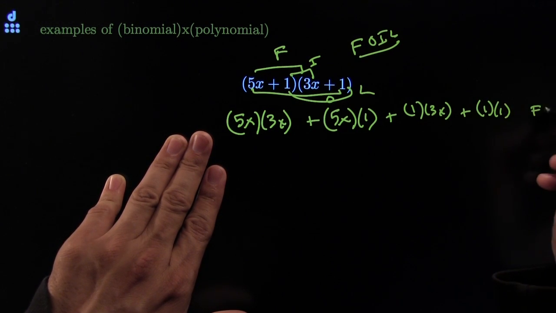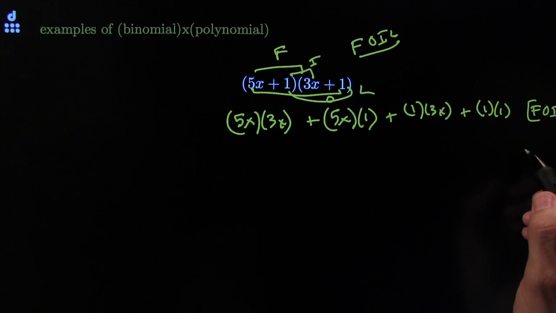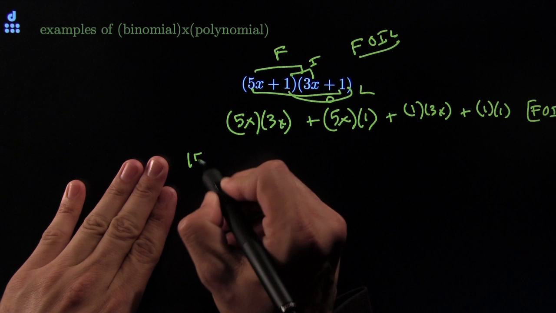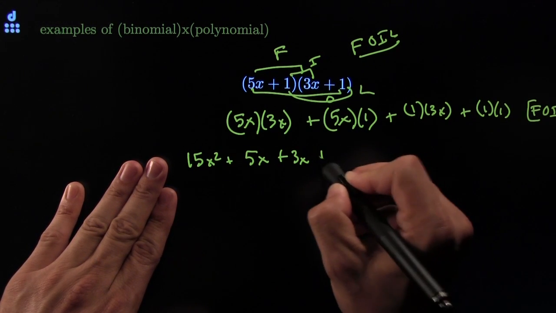And I would say this is by FOIL. We just proved it a couple of minutes ago. That would give you, of course, 15x squared plus 5x plus 3x plus 1.